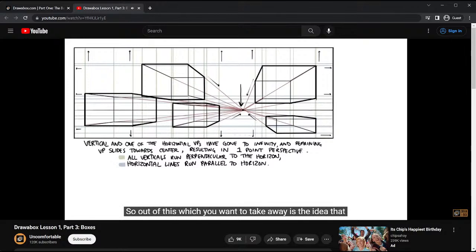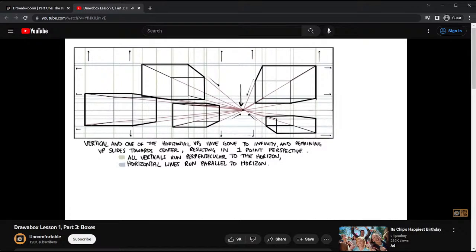So out of this, what you want to take away is the idea that in 3 and 2 and 1 point perspective, there are still 3 vanishing points because there have to be. A box consists of 3 sets of parallel lines, and for each set, there needs to be a vanishing point. And so we're not talking about these vanishing points just no longer existing.